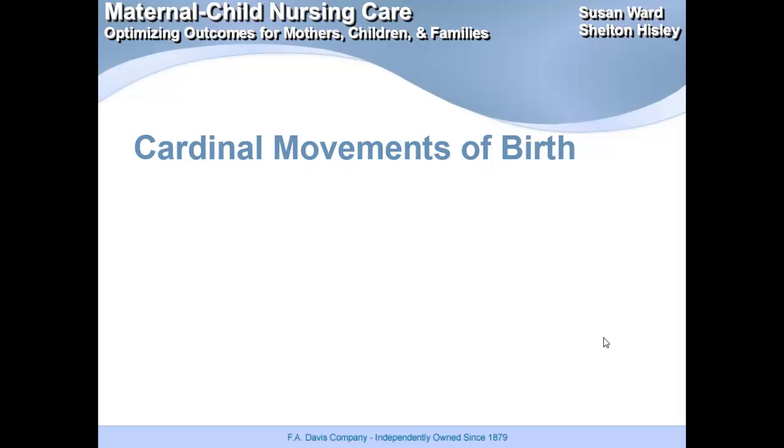And then there's going to be an internal rotation, so baby's head's starting to come out, and then it has to rotate. Then extension, where the head passes through the symphysis pubis, and it's right on the pelvic floor.